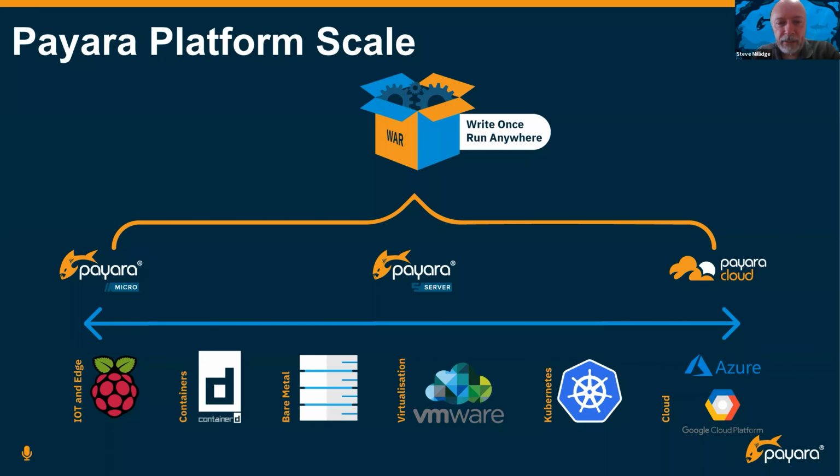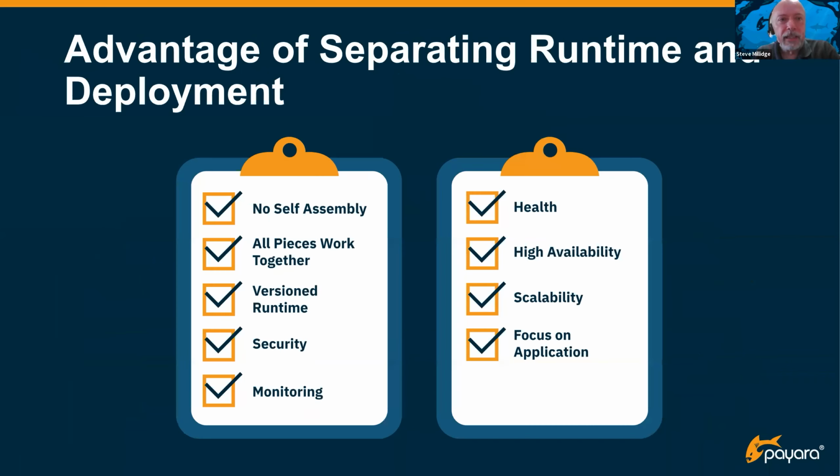So to summarize, why the deployment model of Jakarta EE is good and what the advantages are. Essentially, one of the first things is you don't have to assemble a server. Now I know a lot of technical people like to get involved in picking and choosing components of their servers, or pushing bits out they're not using to try and make it a little bit smaller or a little bit quicker, or also use something they prefer.